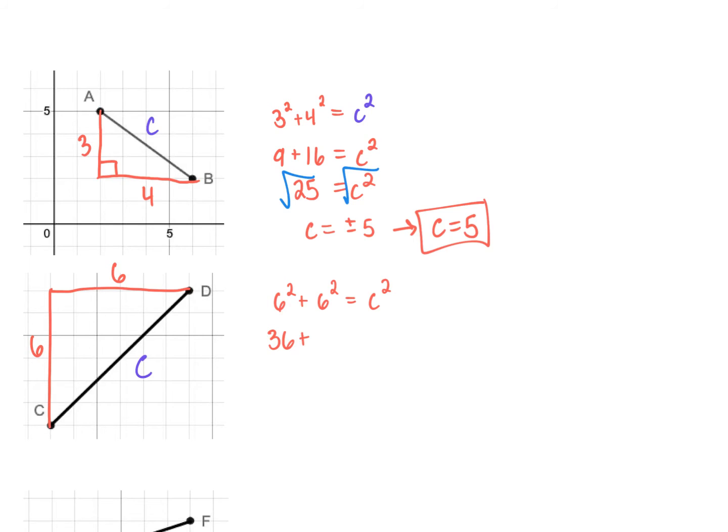So 36 plus 36 equals C squared, and if we add the 36s together, we get 72 equals C squared. Now again, to get rid of that square, because I want plain old C, I'll take the square root, so it cancels. And we get C equals approximately 8.5.